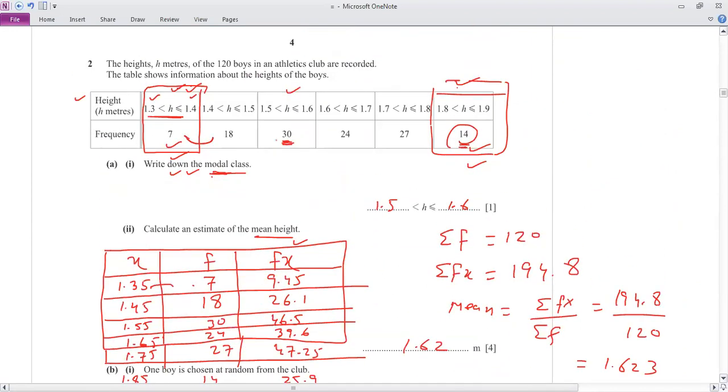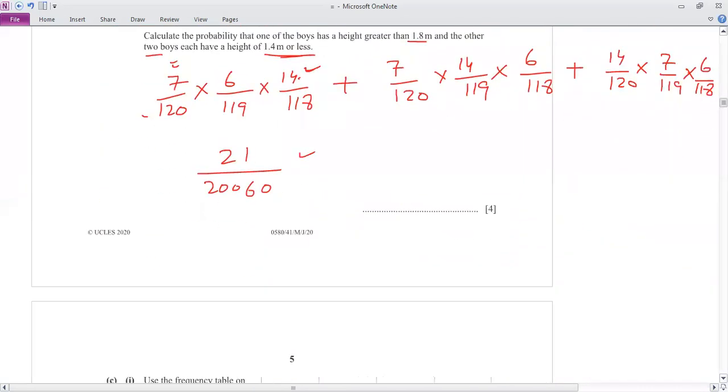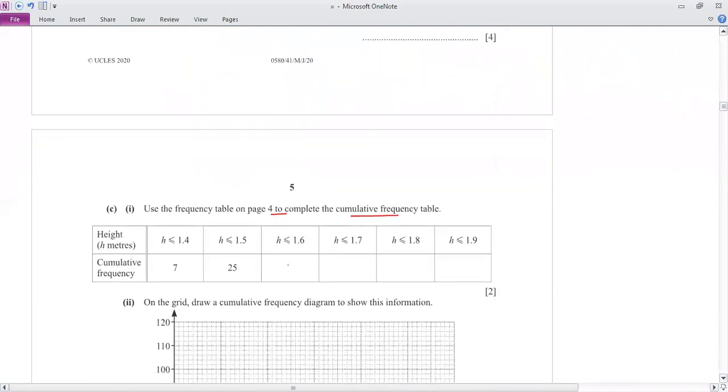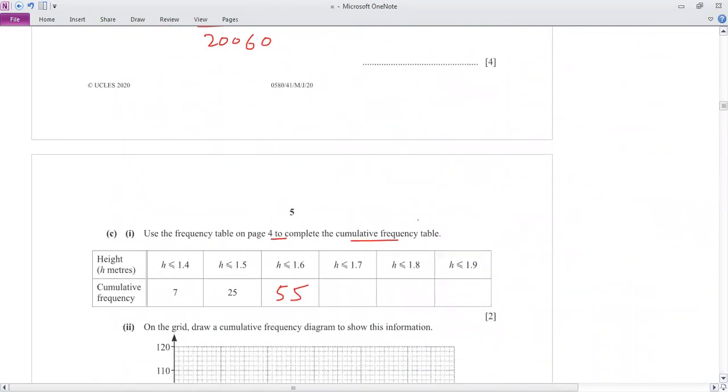I will add them. Then for the next one, I will add all the previous ones. If I add all the previous, 30 plus 18 plus 7, the value I will write here is going to be 55. In the same way, for this class, I will add all of these together for the cumulative, and it will be 79.